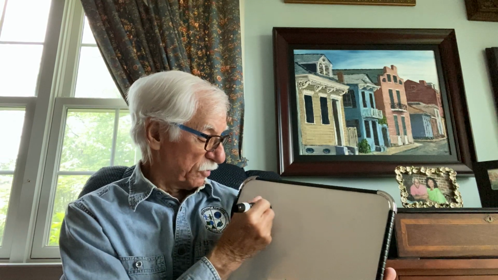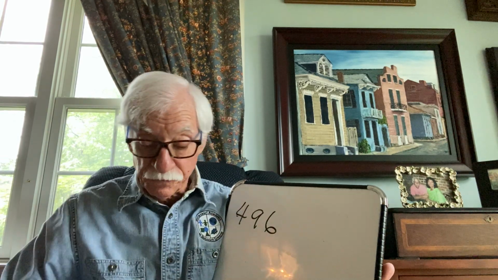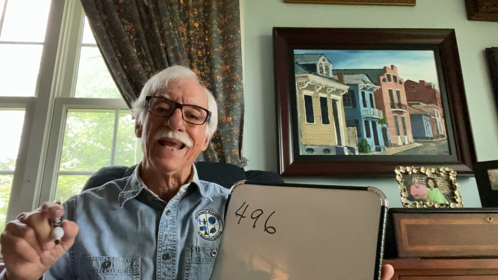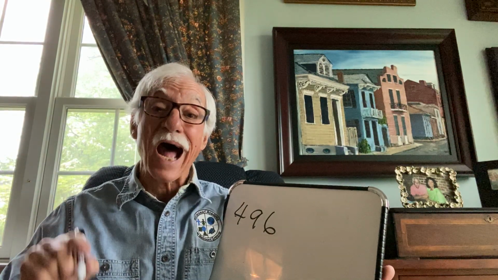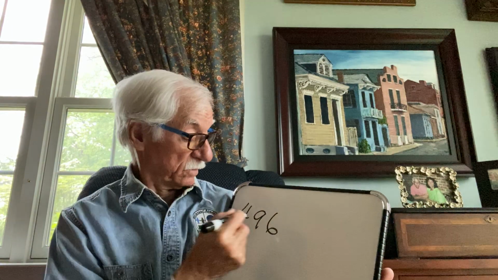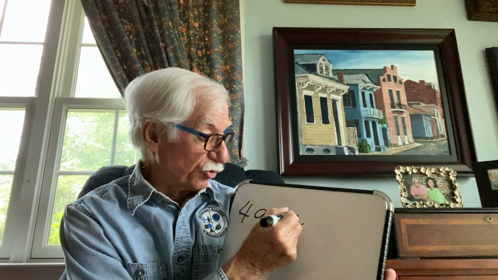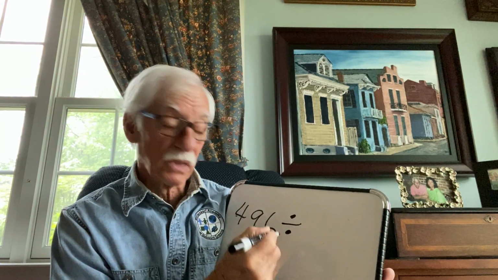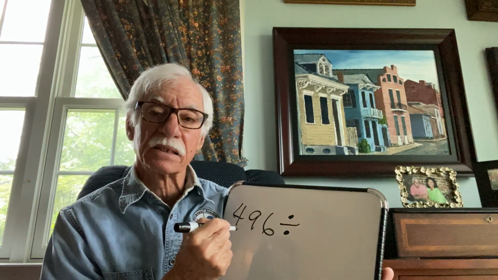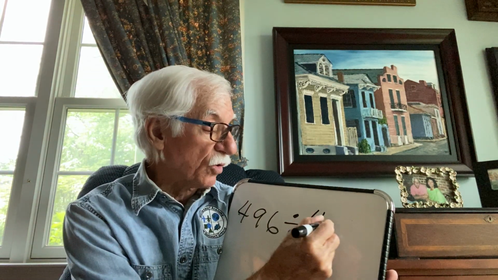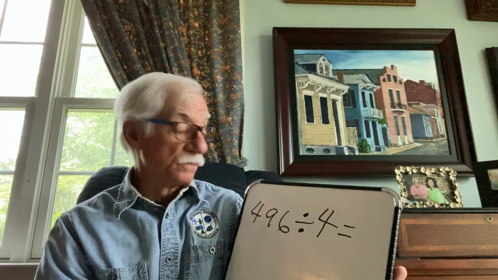So I'll read the question again. An old propeller plane traveled 496 miles, and it did it in 4 hours. And so we want to know how many miles per hour it went. So we're going to distribute, if you will, those 496 miles by the number of hours that he flew.